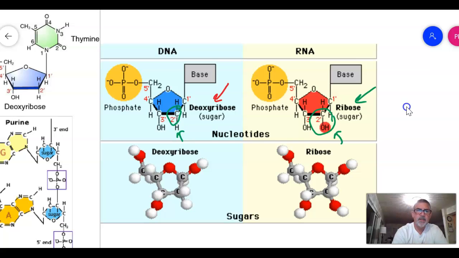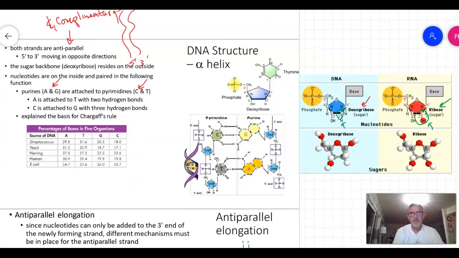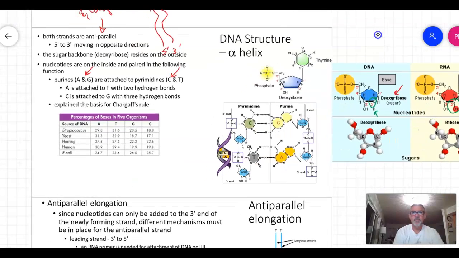So DNA can only be changed at the 3' and the 5' end, the 5' end because you've got a phosphate group there. RNA can be modified at 3 different sites, and that's why RNA is edited into so many different useful tools, because it can be modified more.